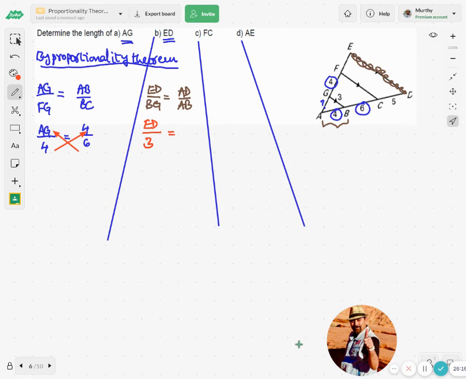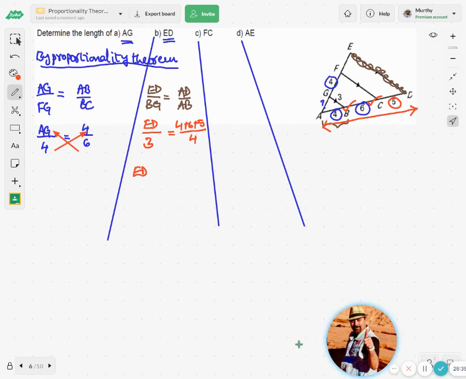What is the length of AD? Friends, this is the tricky part. I see that there are bits and pieces, so I have to take all the numbers into account, 4, 6, and 5. So it is 4 plus 6 plus 5 over AB. You see that it's 4 units.